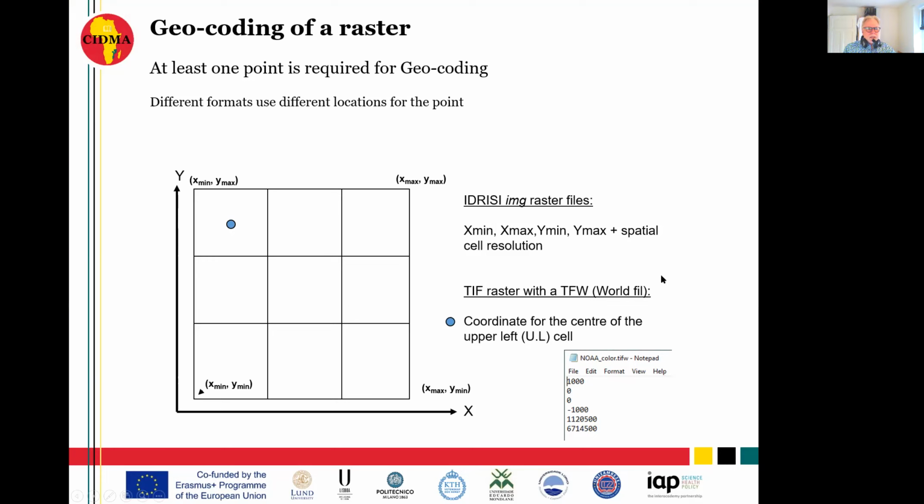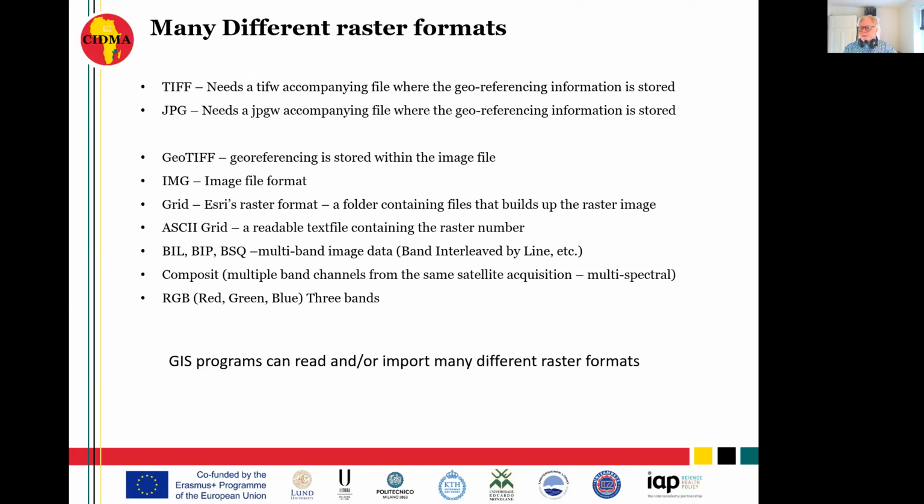So we need to have some geocoding in some way, and different formats have different geocoding. The TIFF file needs a TIFF world file, an accompanying, separate file with the same file name but with a different file extension.